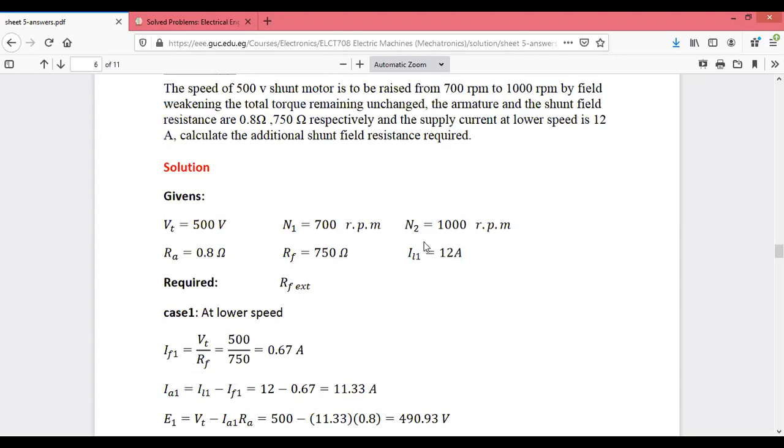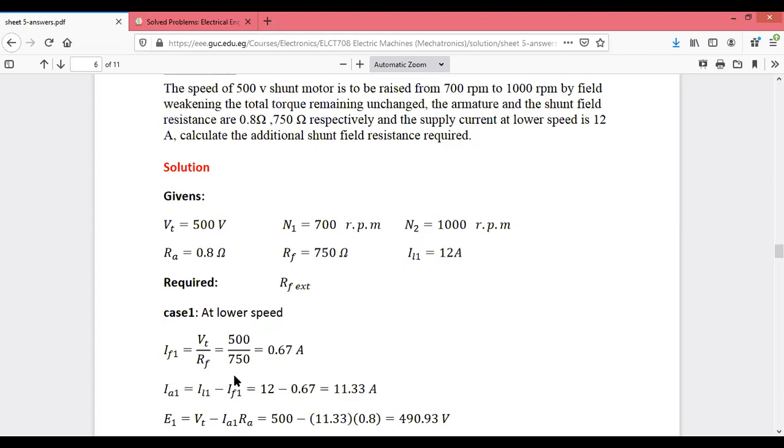So if we are getting here the current, what they are saying, that current will be at lower speed. So you can consider armature current plus field current will be equal to that current. If you are writing here, you will get Ia1 plus If1 equal to IL1. So you can rearrange that equation like this.